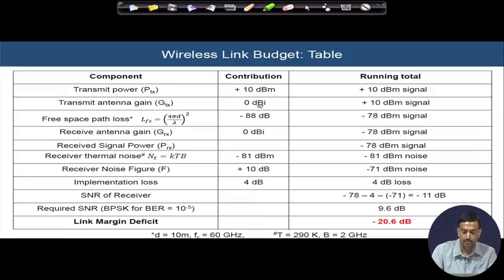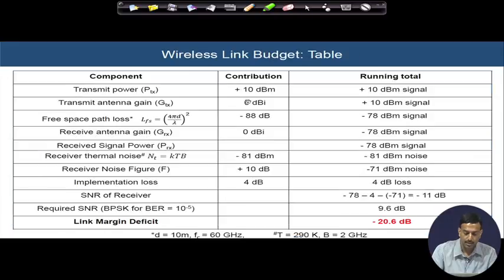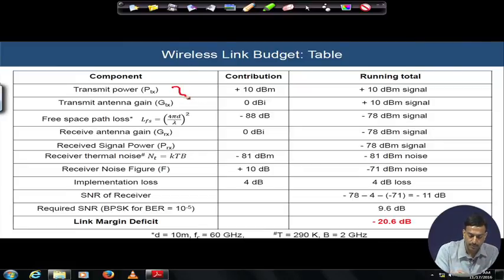That means there is basically no antenna gain, and therefore 10 plus 0, which is PTX plus GTX, is nothing but EIRP. So let me just highlight that. This is nothing but the effective isotropic radiated power.